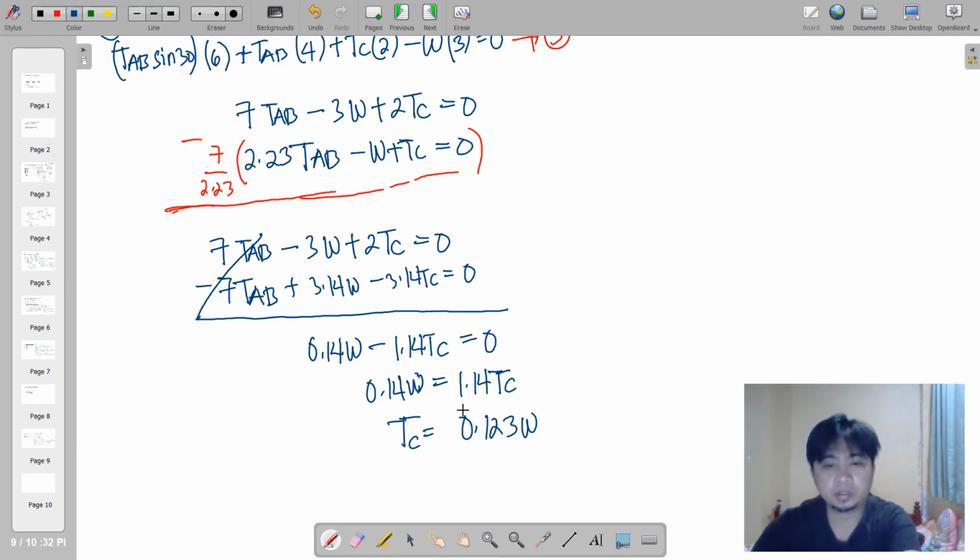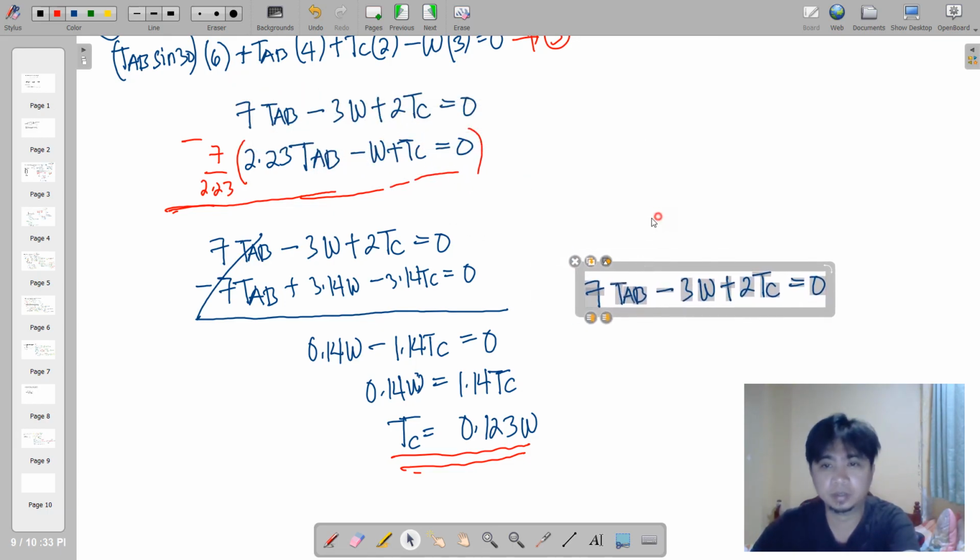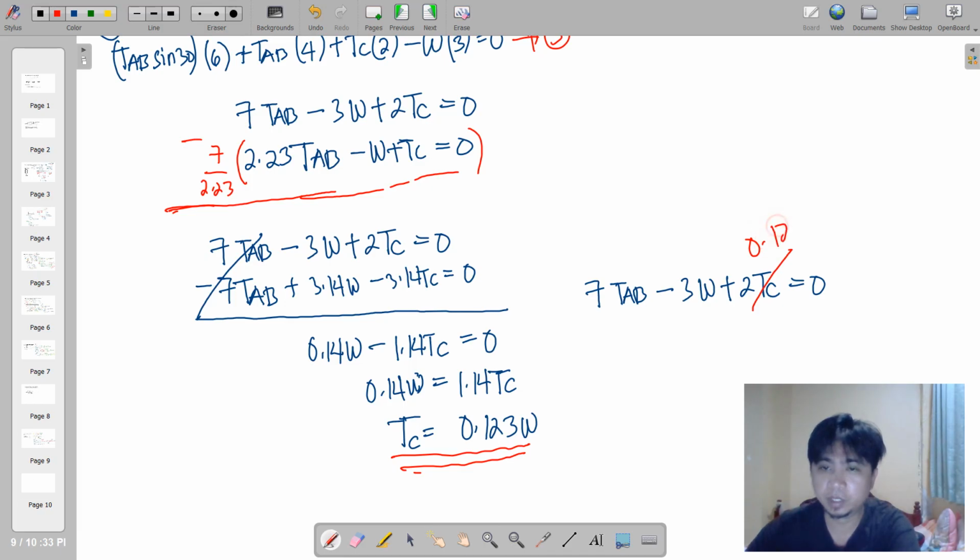Now, we use this expression. Okay, so we have obtained now our objective of expressing TC in W. So the other objective is expressing TAB in terms of W. Of course, we can utilize this equation here. So we substitute TC here, which is 0.123 W, and then we can combine that.